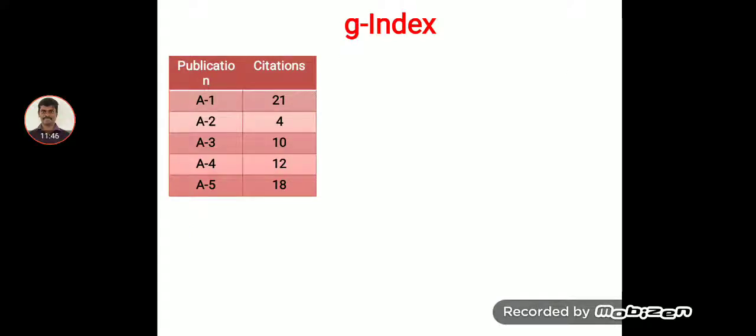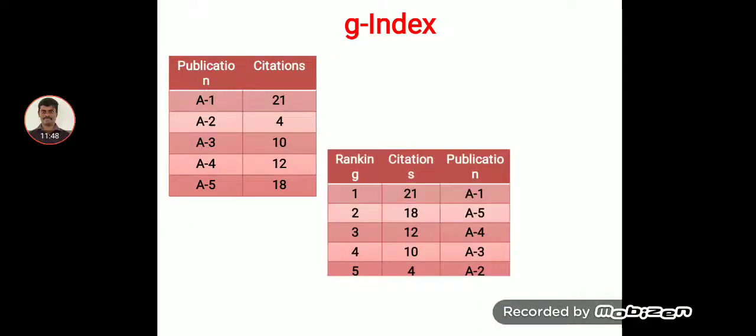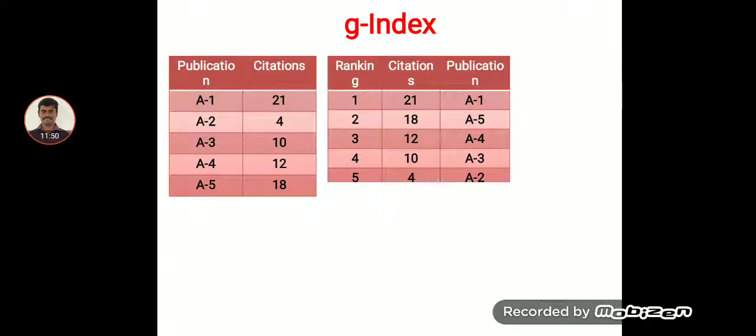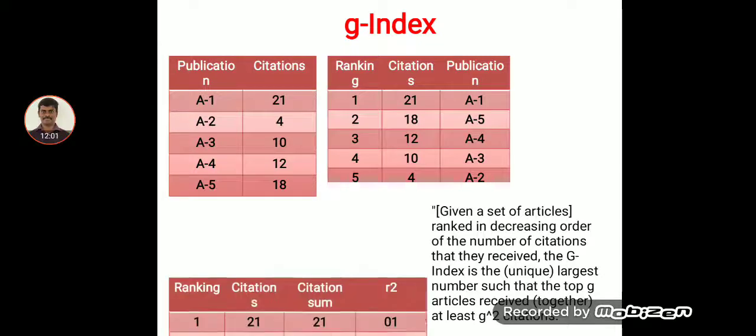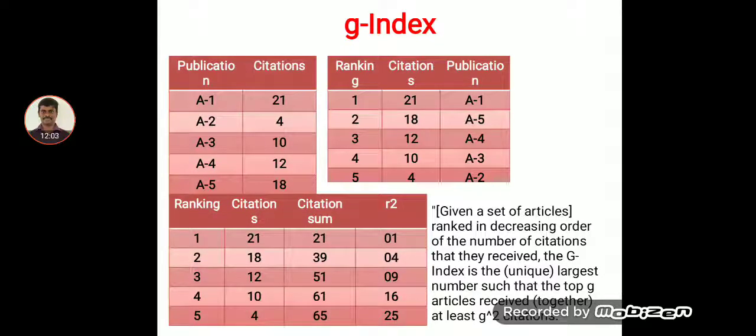Coming on to the example for the G index. The same example of the same author is taken here for the calculation of the G index, where you can see the publications, citations, and the ranking and citations arranged in descending order. For calculation of the G index, we add up the citation sum as well as the ranking square.